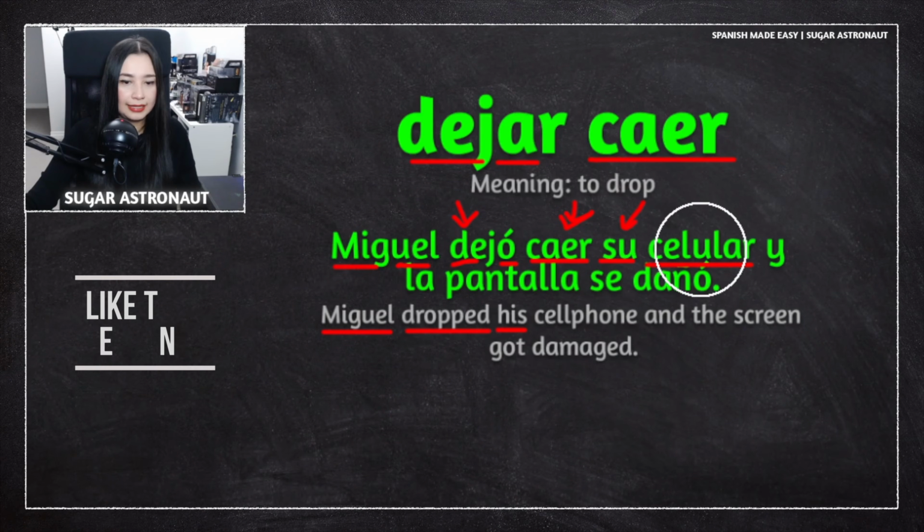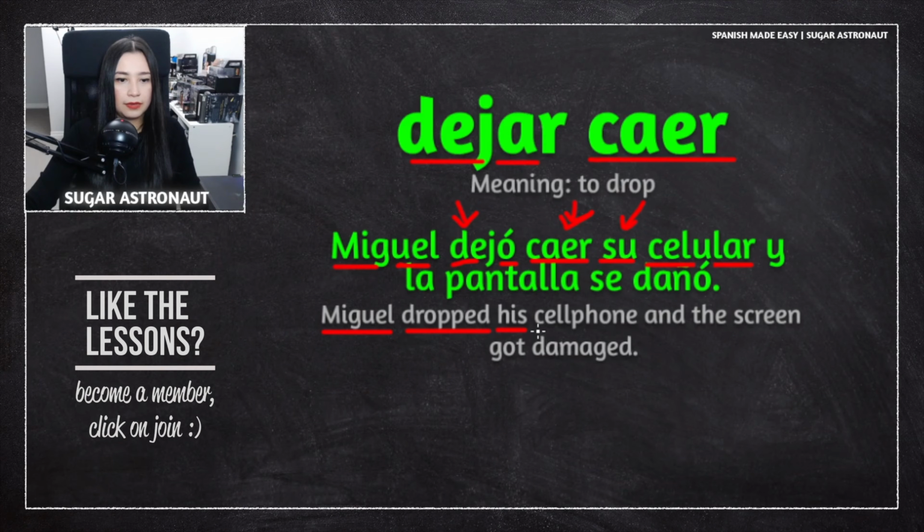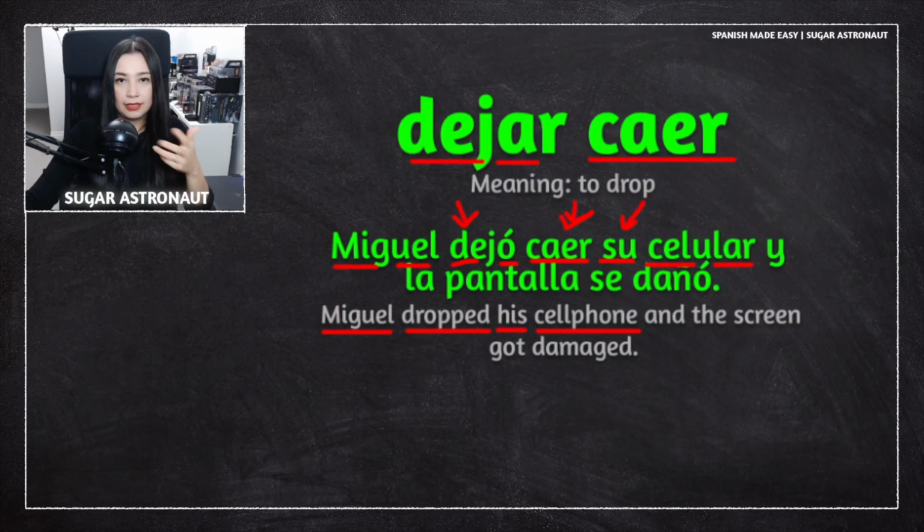Celular means cell phone. It's one way to call a cell phone in Spanish. Sometimes people call it cel. Okay, mi cel. ¿Dónde está mi cel? Where is my cell phone?